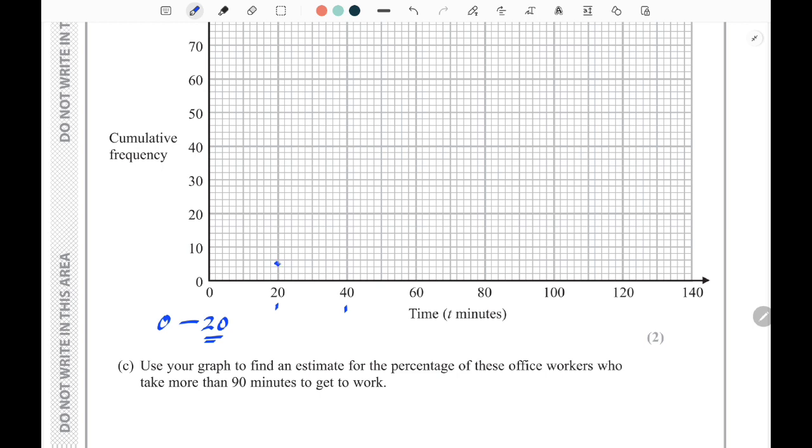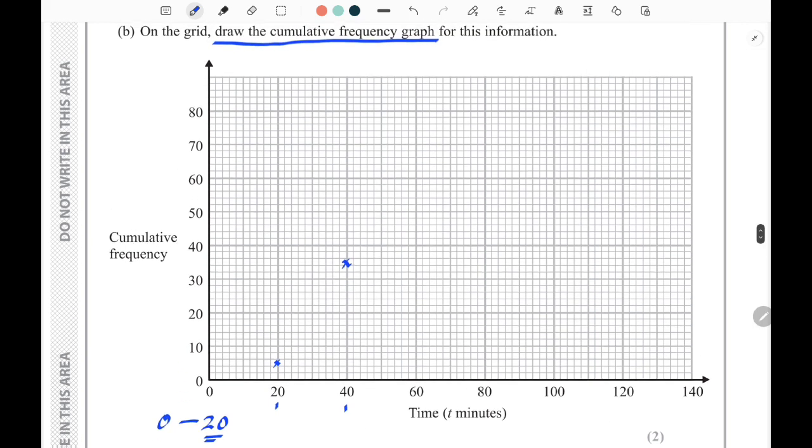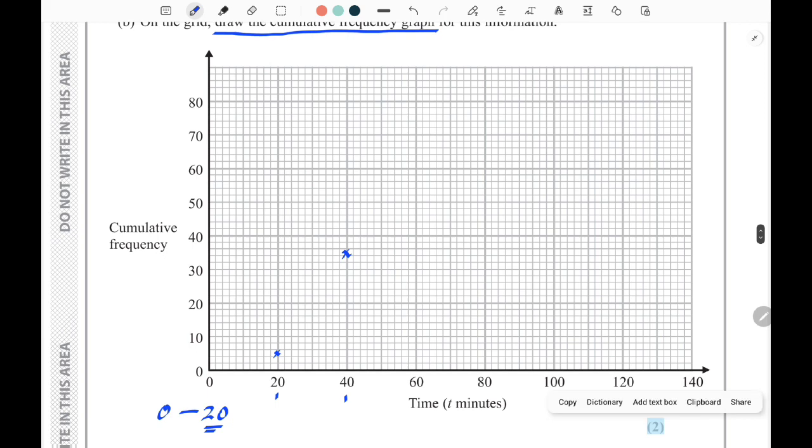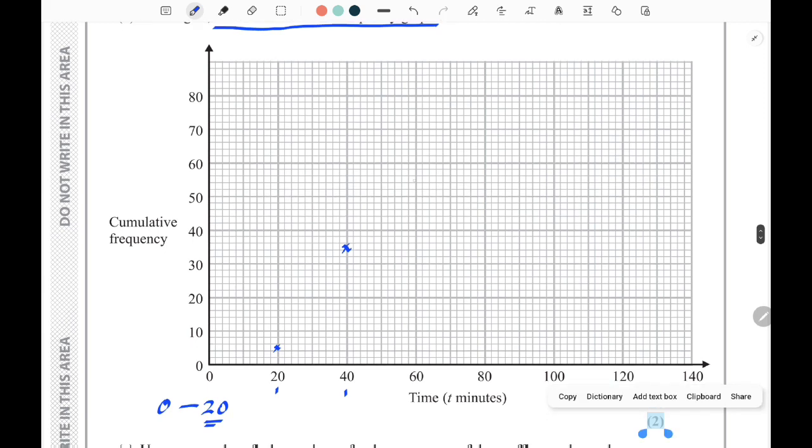So use a sharp pencil, and that's 5, 20. At 40, we had a cumulative value of 35, so it's a big jump all the way up here. And then at 60, I think we had 55. And at 80, that's 70.